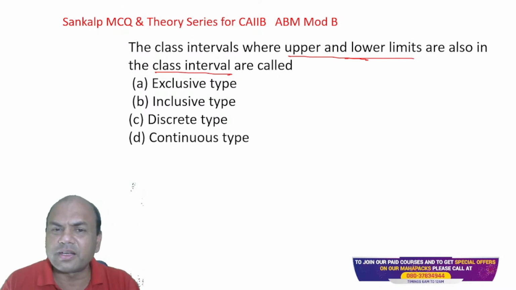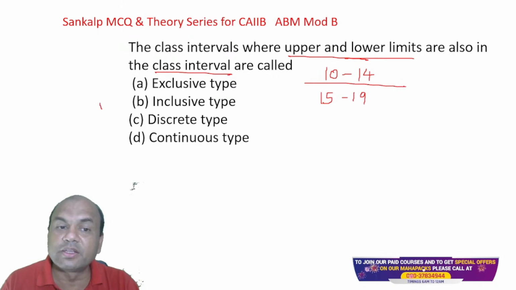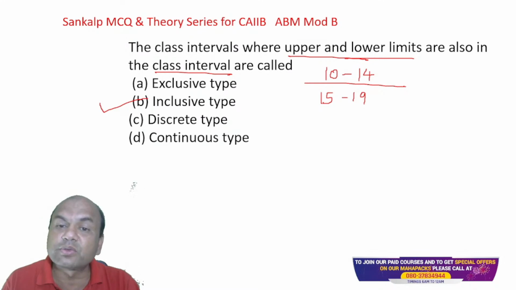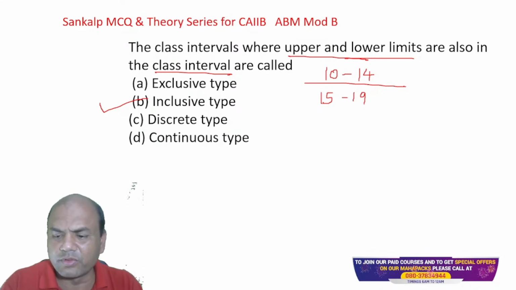Just now I told you, right, 10 to 14, 15 to 19. So if I get 14, it will be in this class, right? So this is known as inclusive, right? And then we have to convert this to exclusive. I've shown you earlier, so we won't be repeating it now.